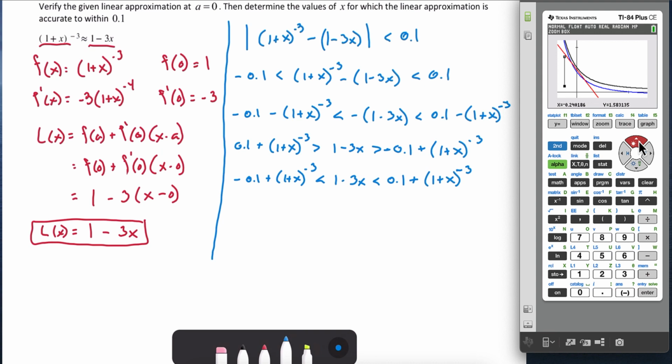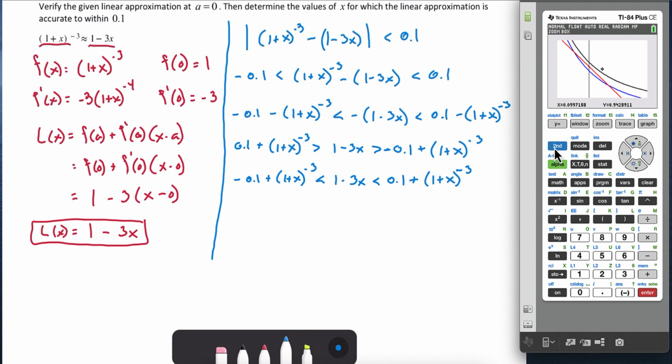And then we'll draw up and to the right. Just want to make sure we see all of the intersections. Hit enter and we'll zoom in and get a bit better picture. So again, we are going to be accurate within 0.1. It looks like between these two values where the two graphs are intersecting, the linear red and the blue f.